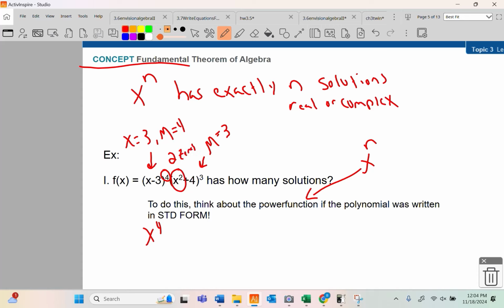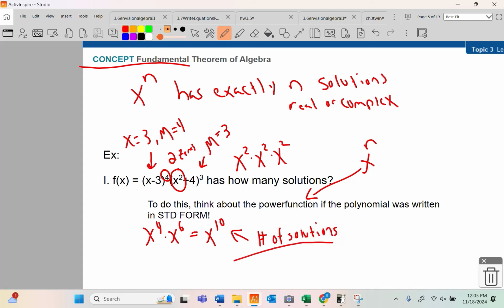Or we think about writing the x squared part 3 times, and x squared times x squared times x squared is x to the 6th. 4 plus 6 is 10. And that is the number of solutions.